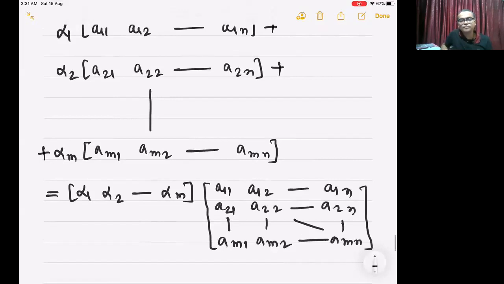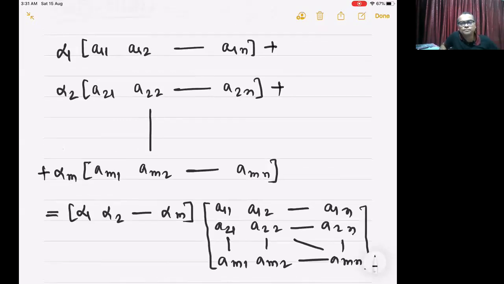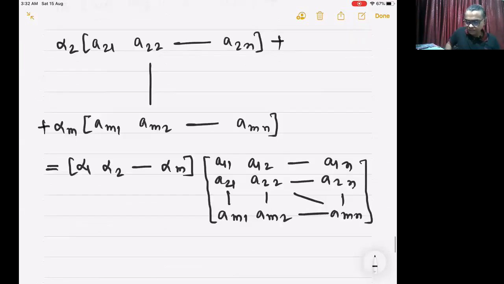So this row vector times this matrix is nothing but this linear combination. Go and check, this is true. So linear combination of rows is nothing but left multiplication by a row vector to a matrix.